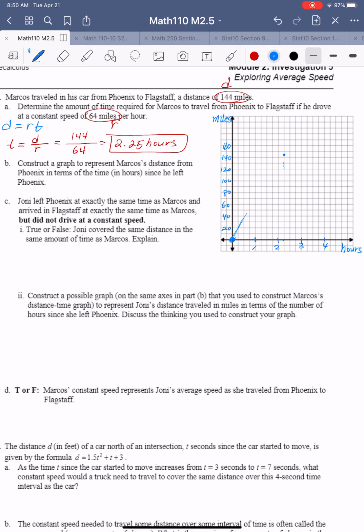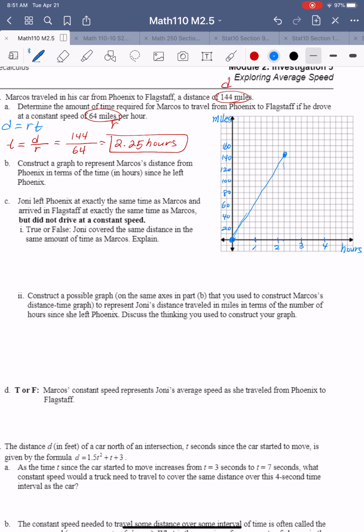You can just make a straight line through this. Yeah, right here. So we shouldn't have this, so we only get this graph. Okay. So it takes 2.25 hours to go to the 144 miles. So we just did it.